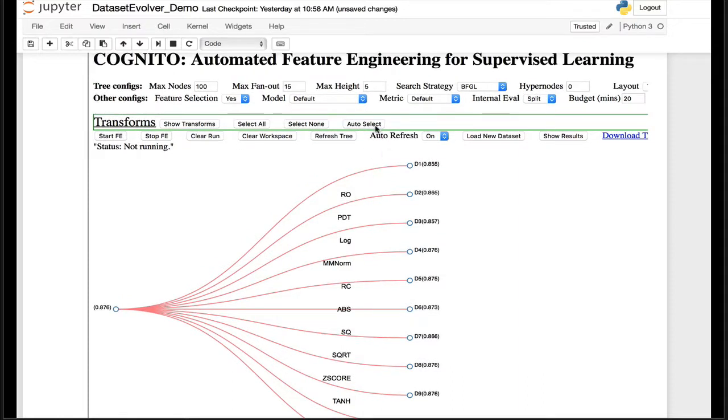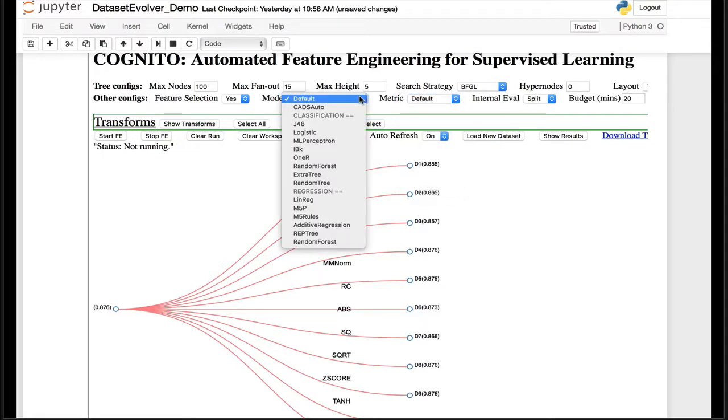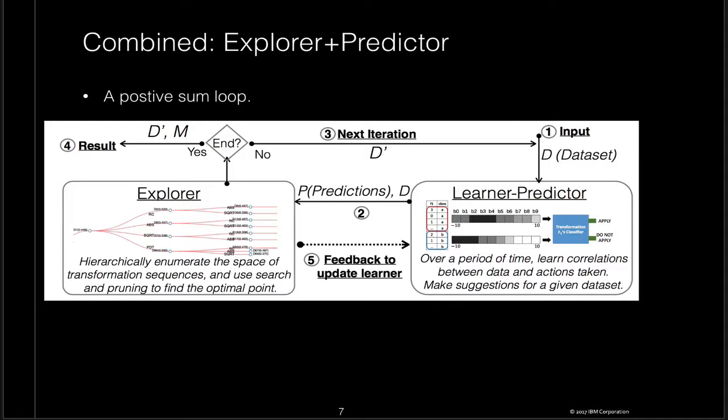This is a highly interactive user interface where you can specify the metric, different models, and so on. In this demonstration, we also propose to show how the two techniques, the exploration-based and the learning-based, work together in a positive feedback loop, providing useful feedback to each other and improving the feature engineering result to an even better degree. Thank you.